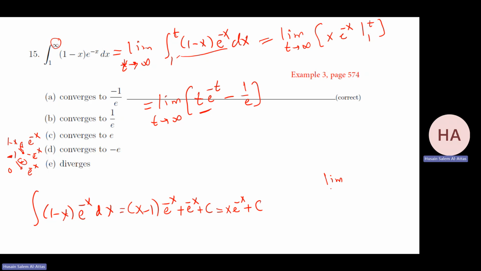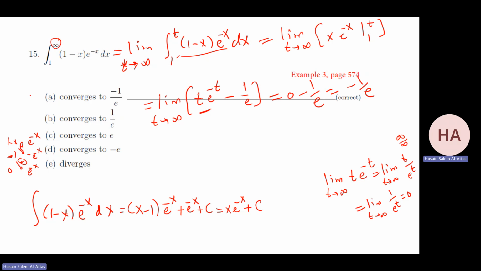I need L'Hopital's rule to do that because it will be infinity times 0, so make it t over e to the power t. That gives me infinity over infinity now. Use L'Hopital's rule. I get 1 over e to the power t, which is 0. So this will be 0 minus 1 over e, which is minus 1 over e. And that will be the answer.